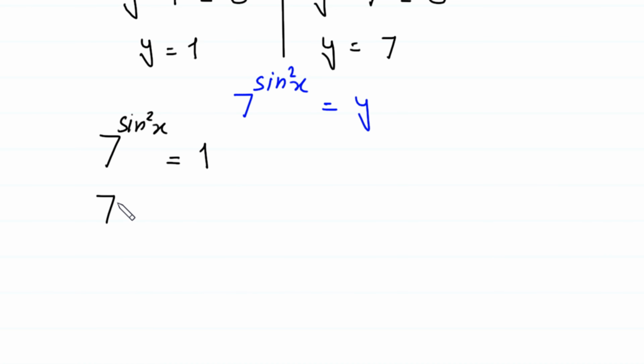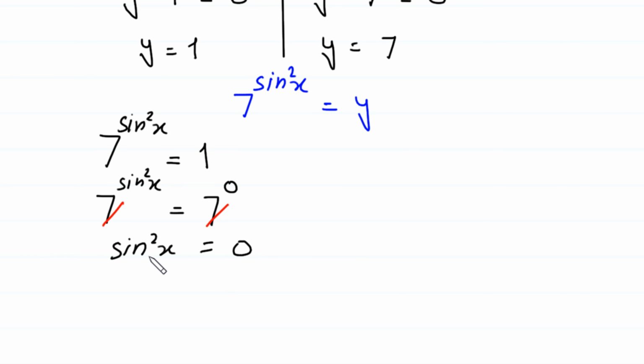Next, we have here base 7, so we can write this one as 7 to the power 0, and this base 7 will be cancelled with this base 7, and here left sine square x is equal to 0.